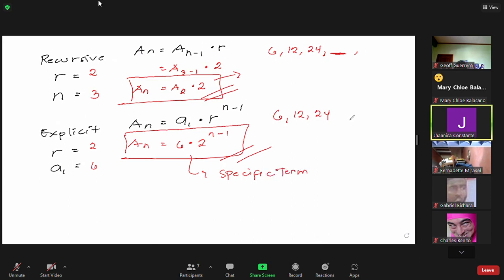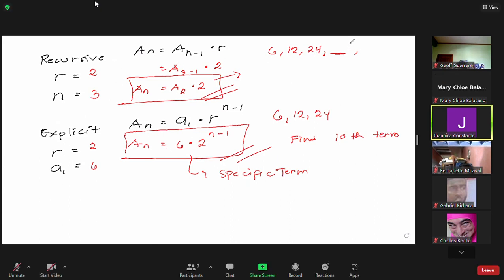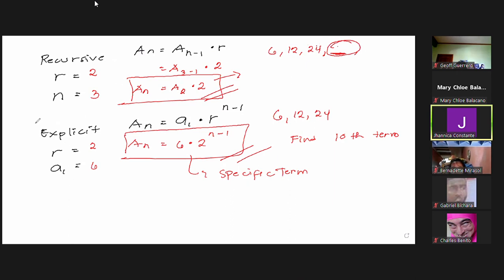For example, if you're going to find the 10th term, that's specific. Okay? We use the explicit. But if you're just going to look for the next term after 24, you're using the recursive formula. Even without using the recursive, you can find the next term after 24 by means of using the common ratio. Okay?